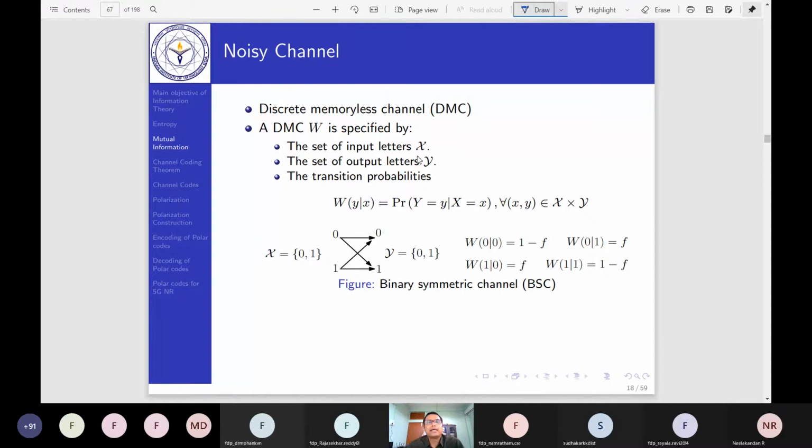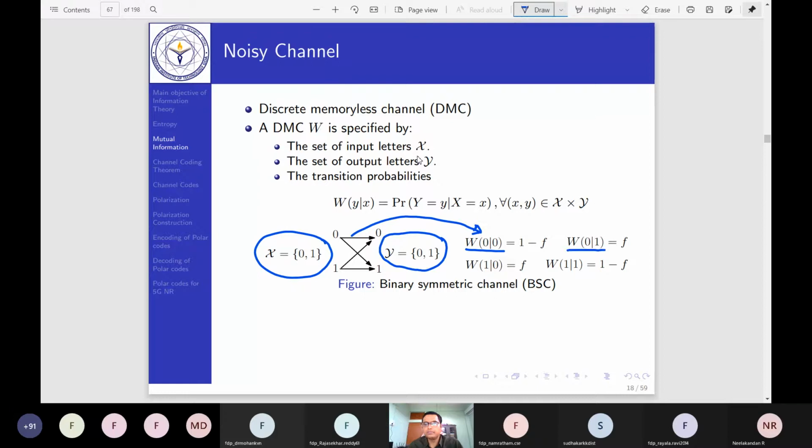As I said, a DMC is specified by three quantities. This is one quantity, the set of inputs. Second quantity is the set of outputs, and the third is the conditional probabilities, the transition probabilities. So W of 0 given 0, that means this link, has probability 1 minus f.